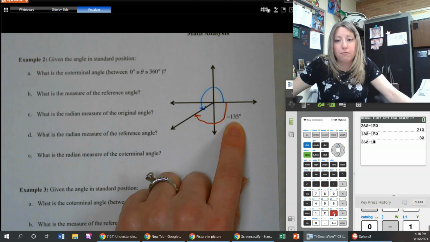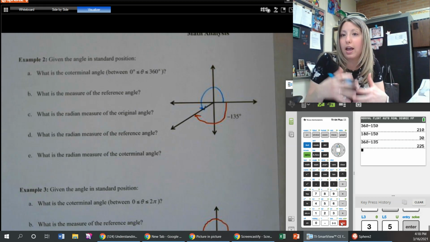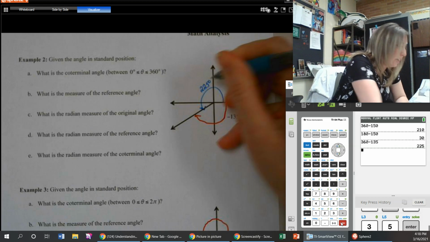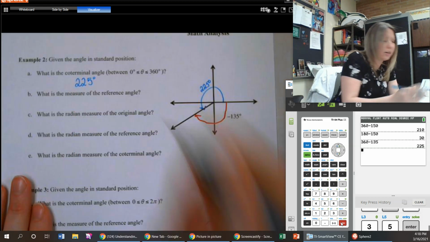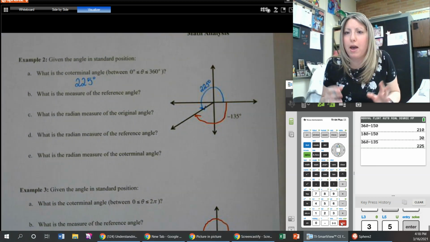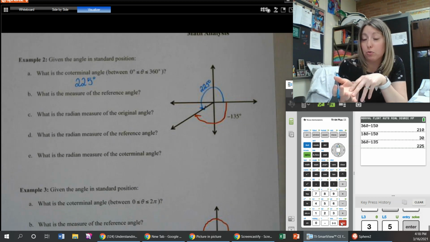And again, I say absolute value because their absolute values are what add up to 360. That means this is a 225-degree angle. Notice I'm labeling my picture and answering the question part, so that I'm showing you back and forth how this all comes together. What's the measure of the reference angle?